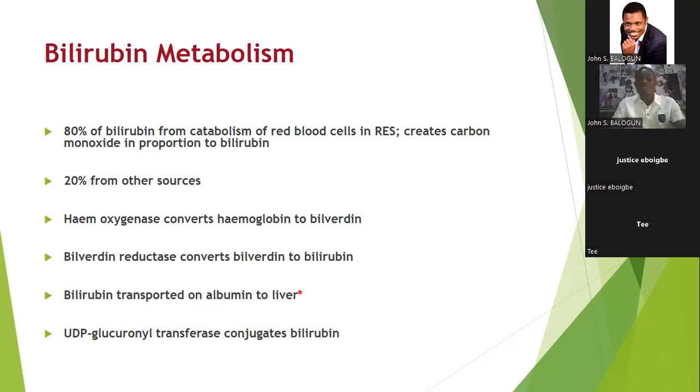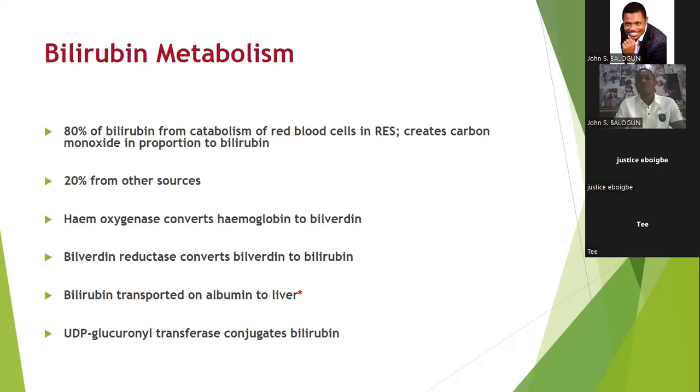On getting to the liver, there is a transporter at the entrance of the liver called ligandin Y. Ligandin Y is a Y protein that now accepts the bilirubin from albumin and takes it into the cytosol of the liver cells, that is the hepatocyte.